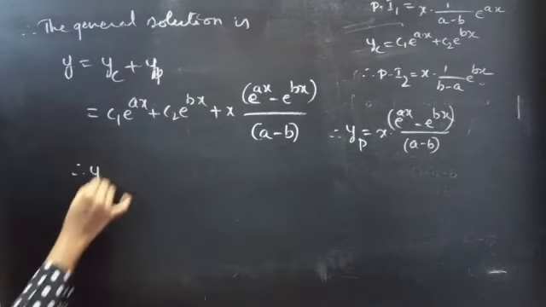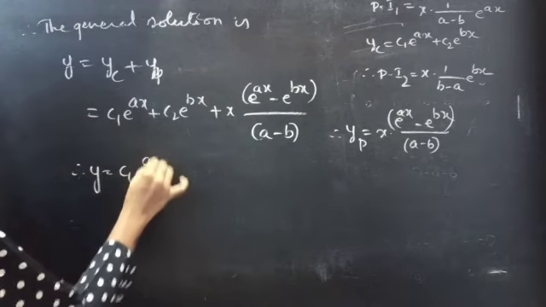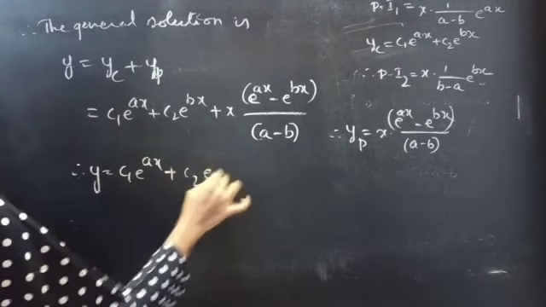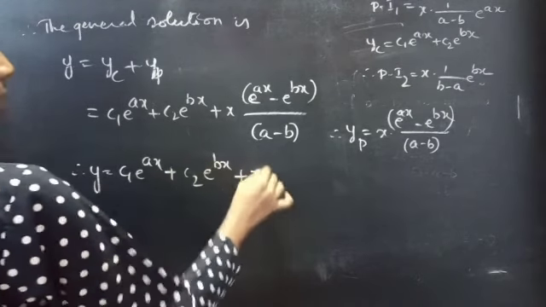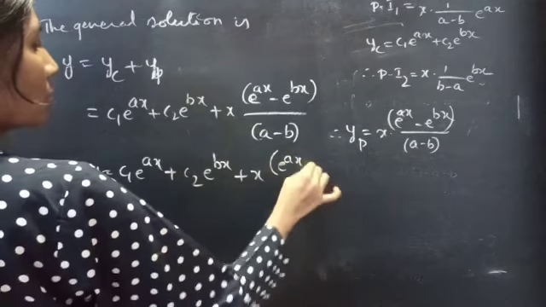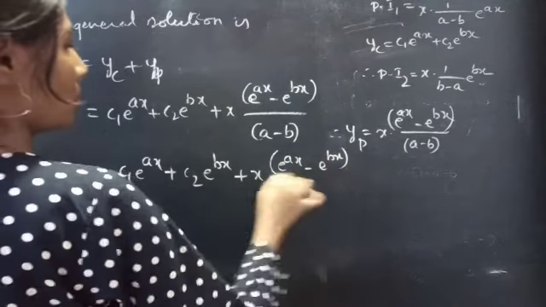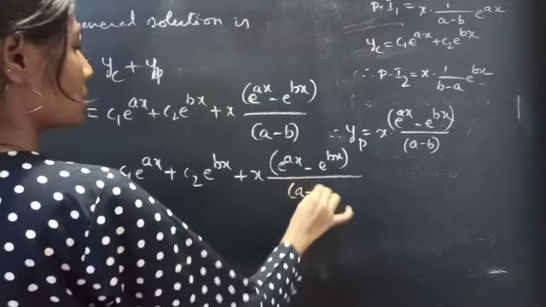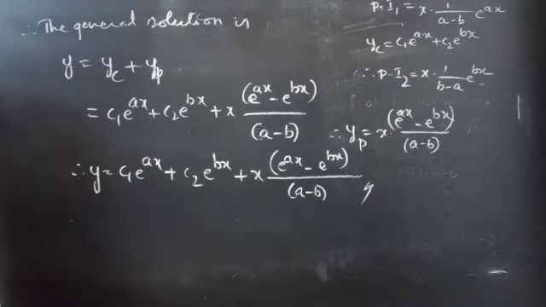Therefore y equals c1 e power ax plus c2 e power bx plus x into e power ax minus e power bx by a minus b is the required solution.